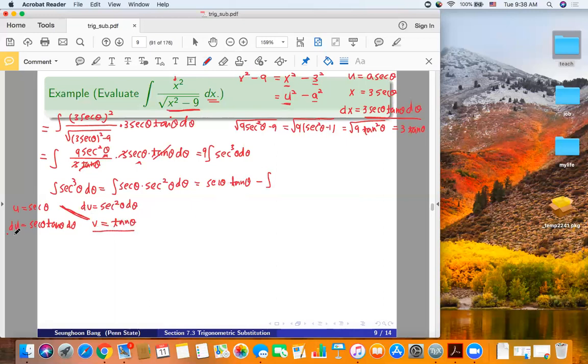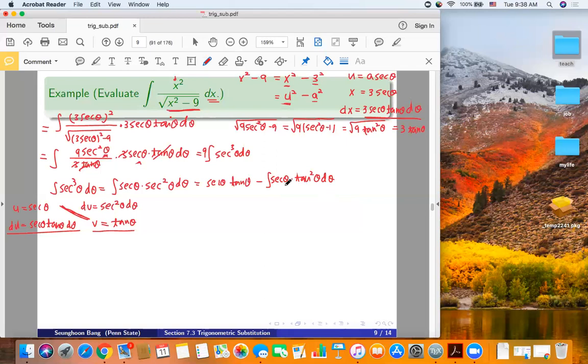That is tangent times secant times tangent. You can rearrange it as secant times tangent squared, so we have secant theta times tan squared theta d theta.